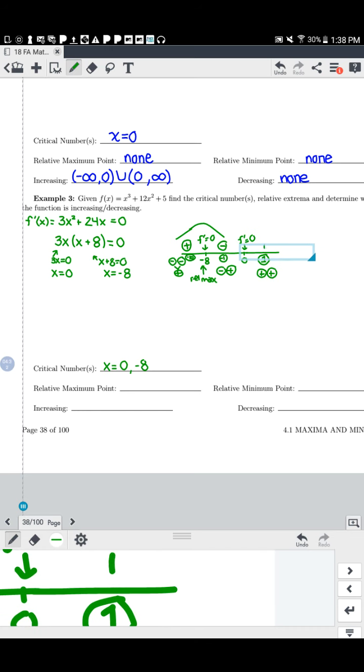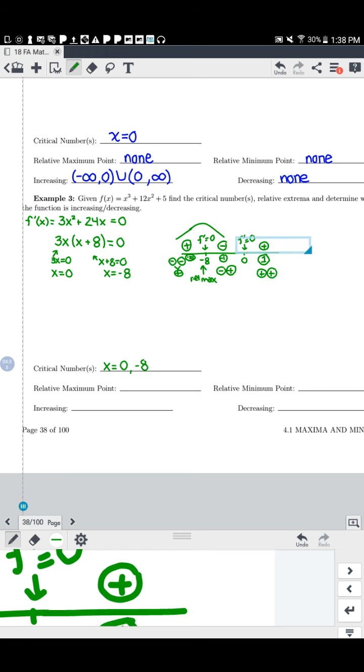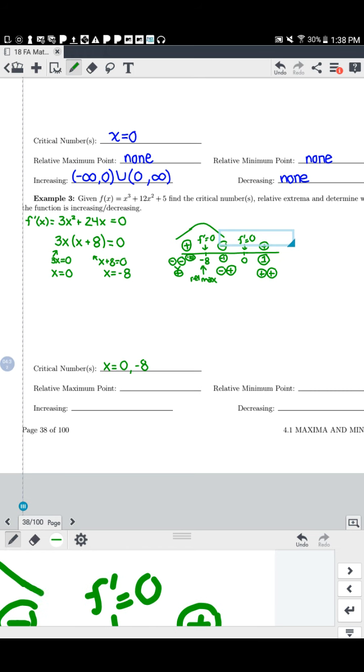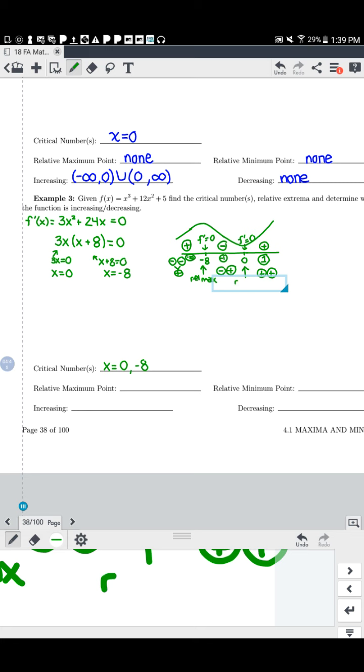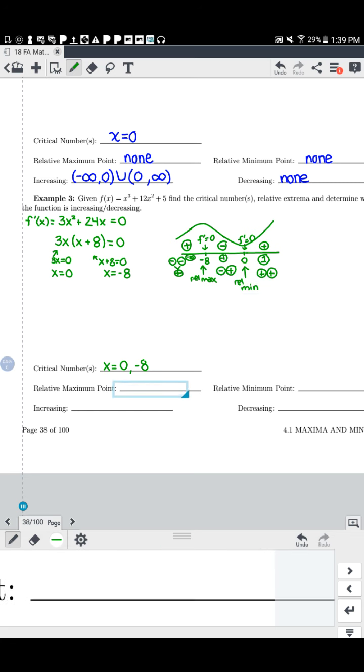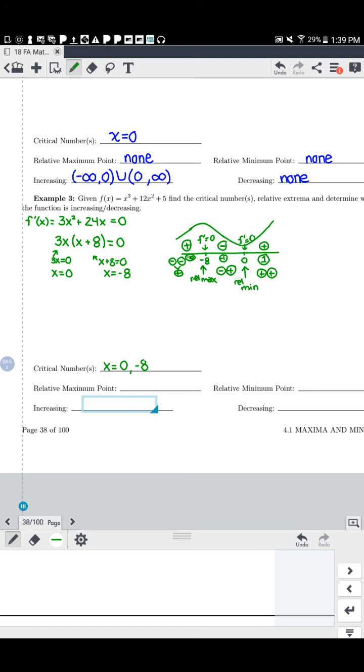So I get a positive times a positive. And I switch here. I was decreasing, and now I'm increasing. So this other critical number is also a relative extrema, because we have a sign change. And this is going to be a relative min. So my relative min and relative max are found.